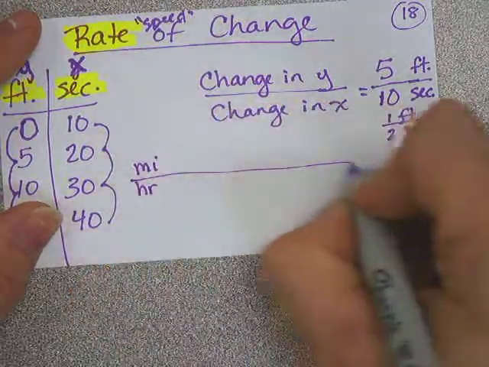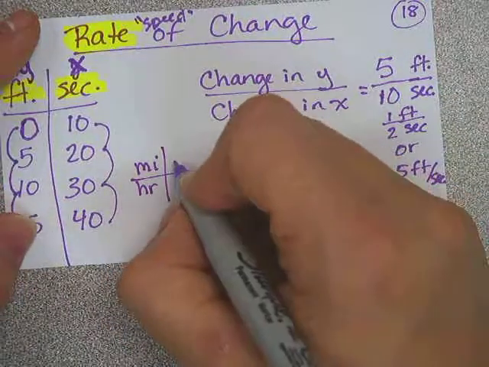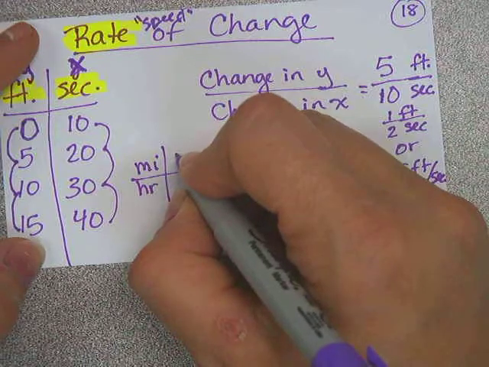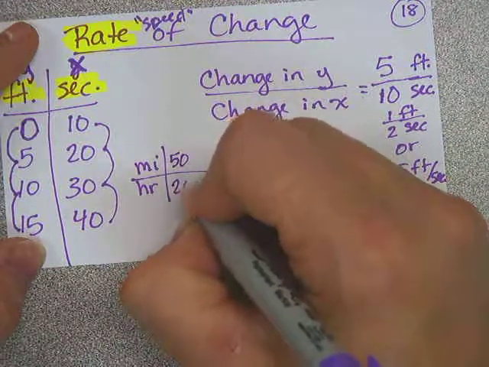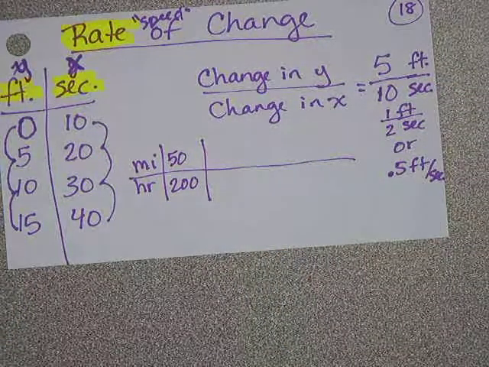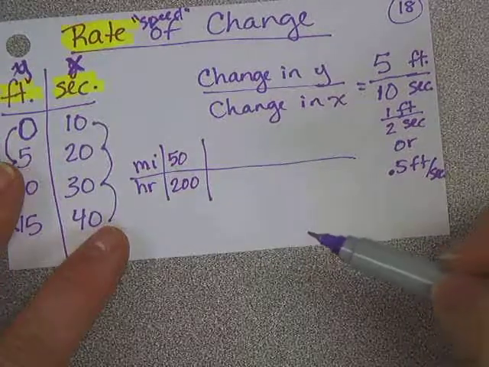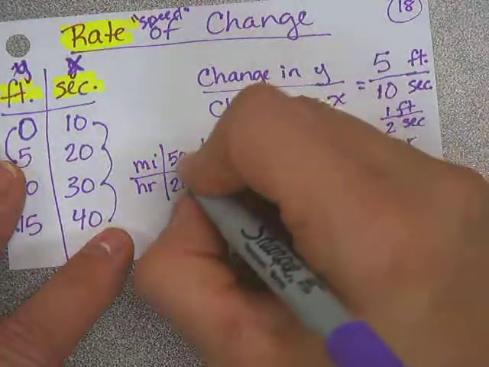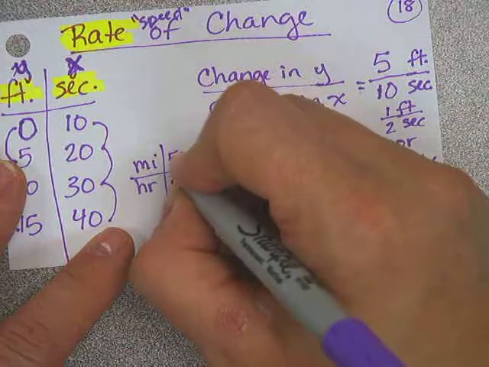Okay, so let's try one. I'm going to write it a little bit differently. We're going to think about a car. Whoa, I'm really not thinking today.